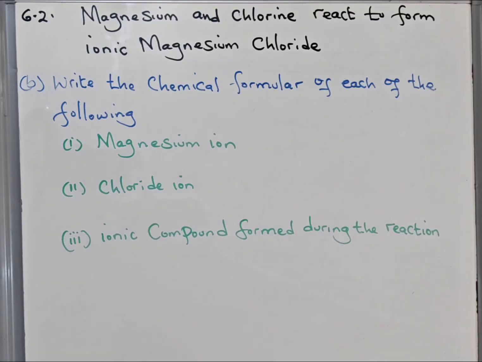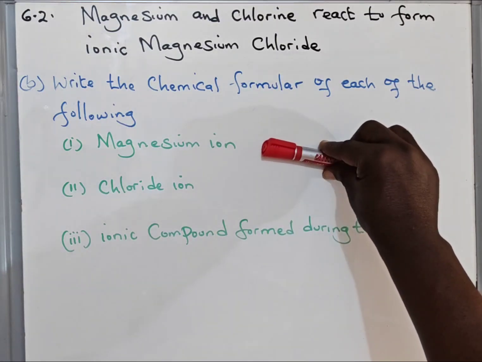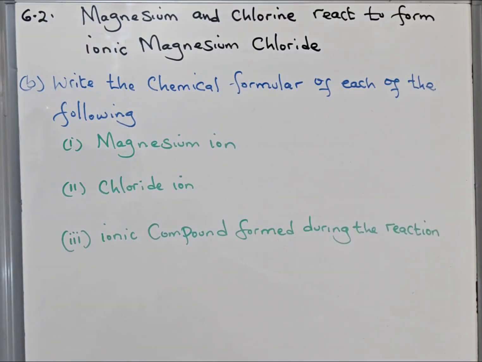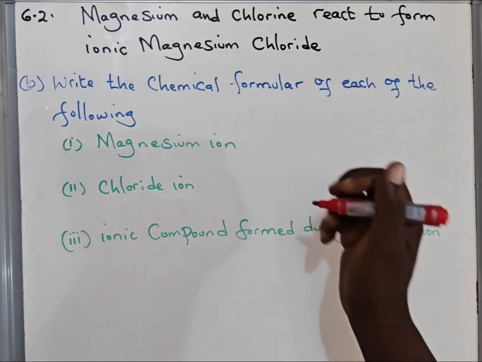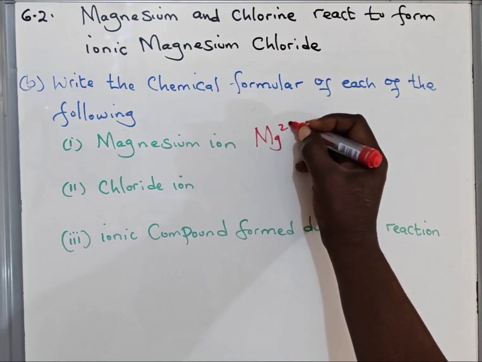What's the chemical formula of magnesium ion? We need to know that magnesium belongs to group 2 and it has valence 2. So, to attain stability, magnesium loses the 2 electrons. After loss of 2 electrons, it attains a positive charge of +2.